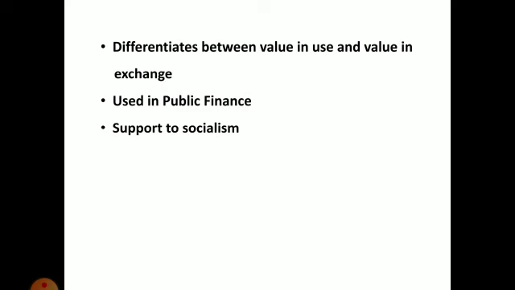Water does not command high marginal utility as you consume more and more. Since its marginal utility is very less and diminishes very rapidly, its exchange value is very less.